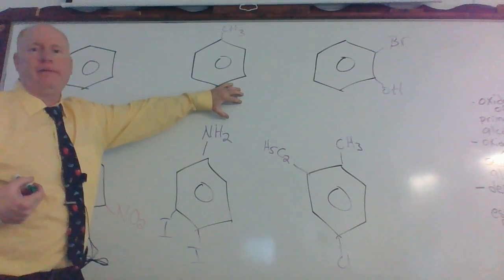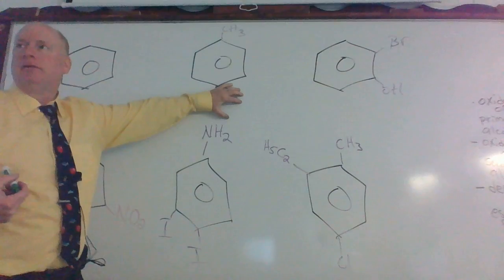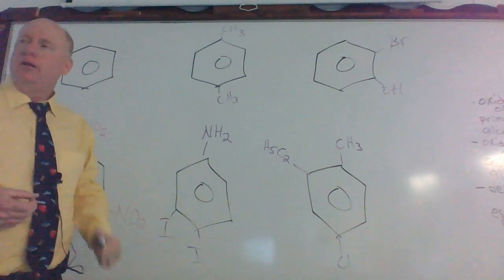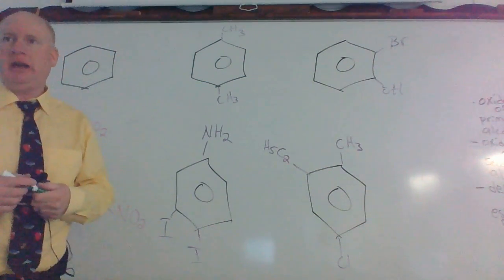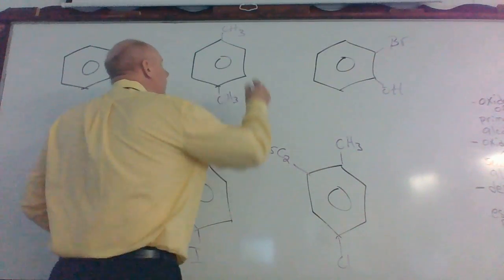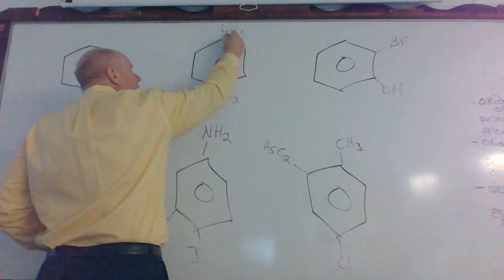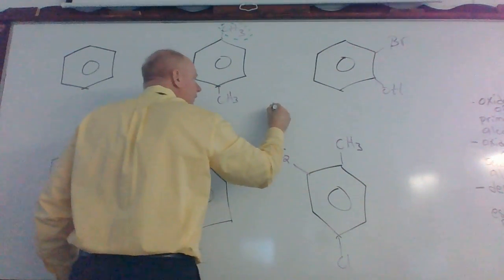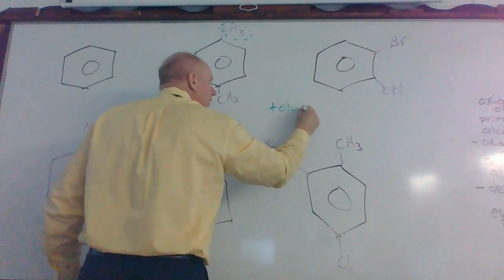What do we have right now then? We have toluene. Okay, now there's different ways that you can name these. Now you could say this is the most common place to have that, which is at 12 o'clock. So we know we've got toluene.